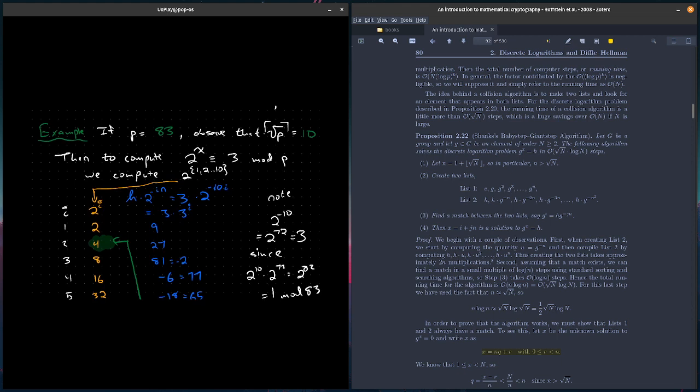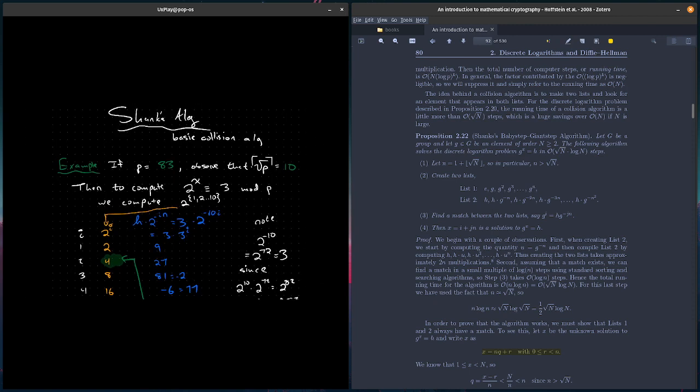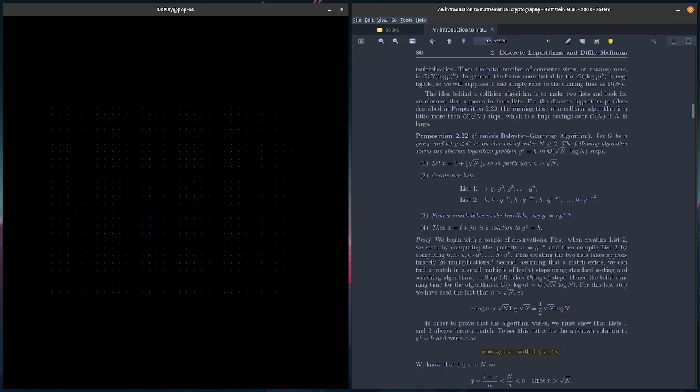Well, to solve this, we might observe that 2 to the x mod 83, say that x equaled 10 times a plus b, then g to the x equals 3 would be equivalent to g to the 10a plus b, which would be equal to, mod p's here just for completeness.